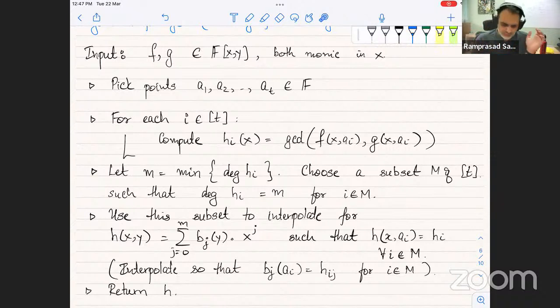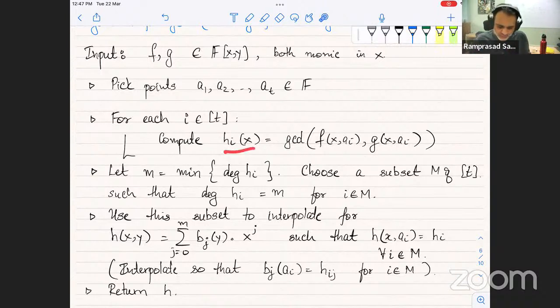Okay, so here is what I'm going to do. I'm going to choose a whole bunch of distinct field elements, and look at the univariate versions of this by substituting Y equal to a_i. Now I have two univariate polynomials, f(x, a_i) and g(x, a_i). I know how to compute the GCD of those two because they are univariate polynomials. So let's just compute the polynomial h_i(x), which is the GCD of those.